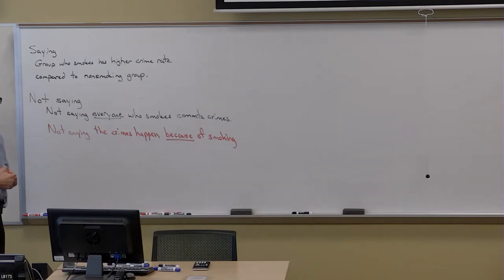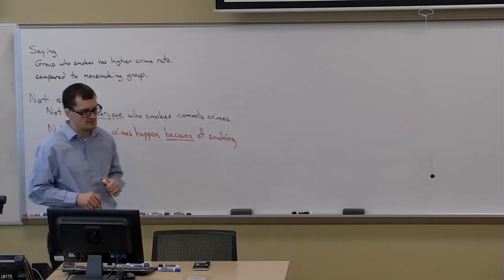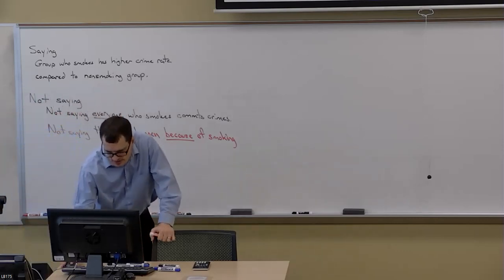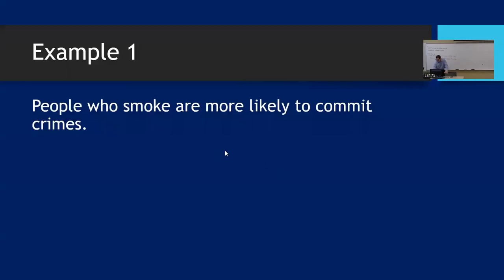So again, we should understand when a headline comes across and they say there's been a new study and they found that people who smoke are more likely to commit crimes, you say, okay, so there's a difference in the proportion who commit crimes in smokers and non-smokers.